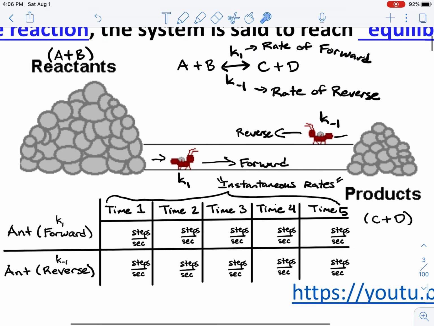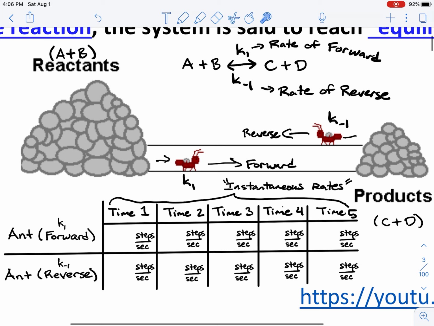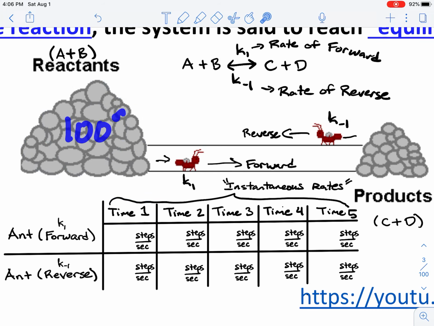All right, so imagine that we are at time 1 or initial time. You can call it time 0 if you want. And so if we're at the initial time, we're going to assume that all of the piles of rocks will be on the reactant side. In other words, we have 100% reactants and 0% products at time 1.